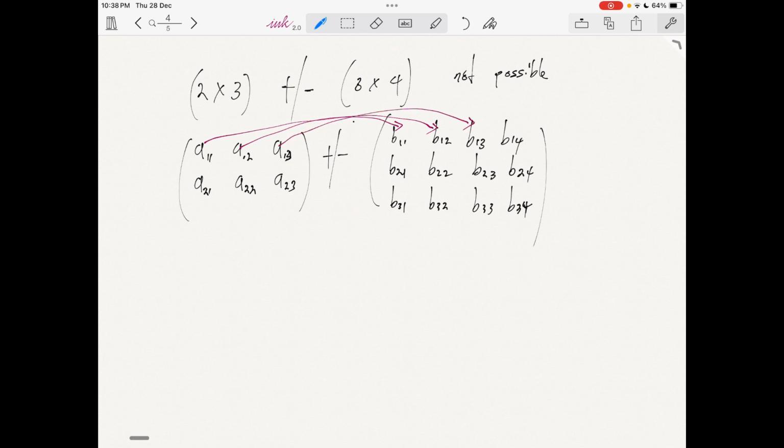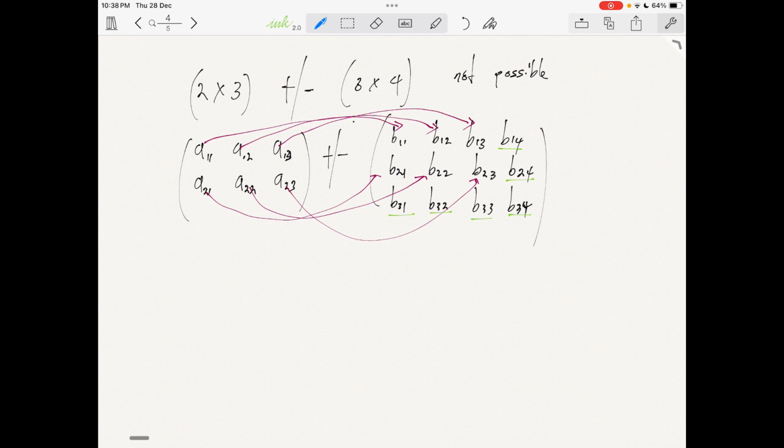When all these are done, we get to A22 being subtracted or added to B32. Now the question is, what happens to all the ones left behind? It will be a big problem.